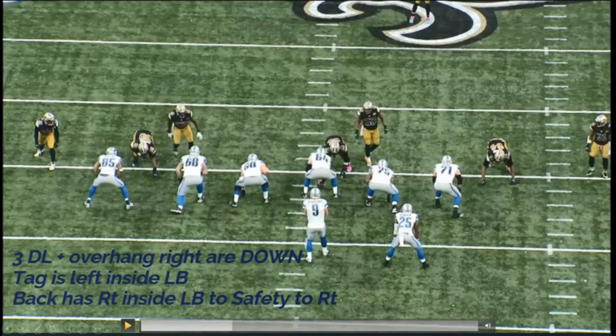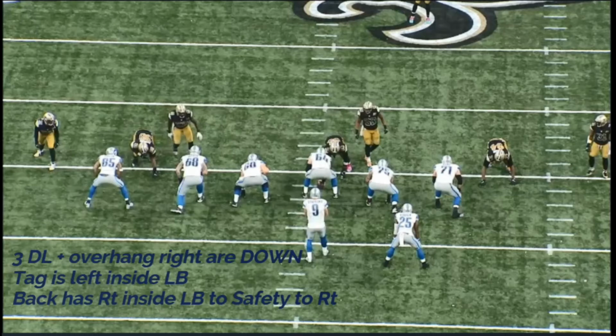So we've identified this overhang defender on the outside of the hash mark is the 4th down defender on this look. The tag is the linebacker over to our left tackle. So that's the tag as we go. And now from the back standpoint, he's got the linebacker over the right guard to the next defender outside of 31, because once again, 31 is the way we identified this as he's a down defender.